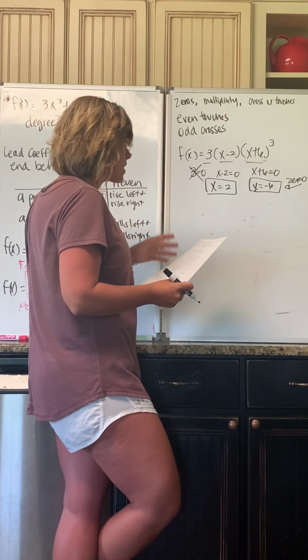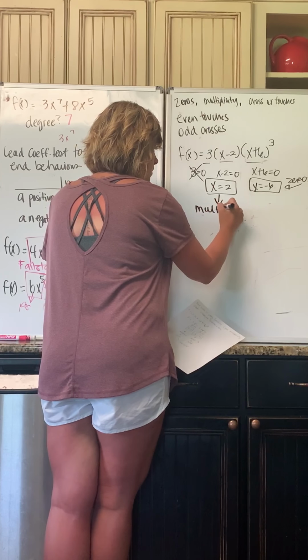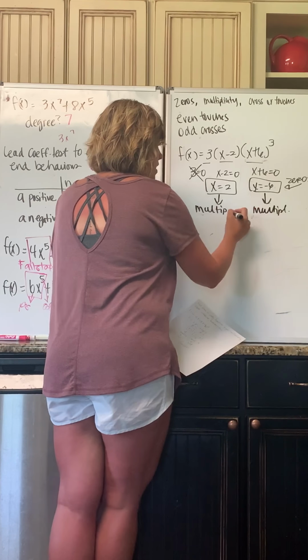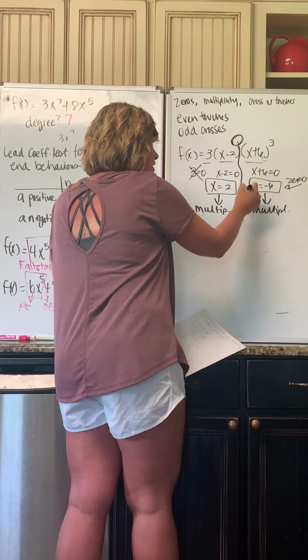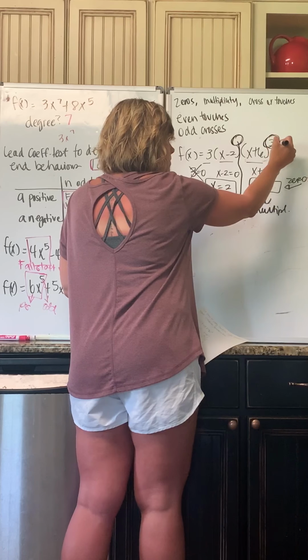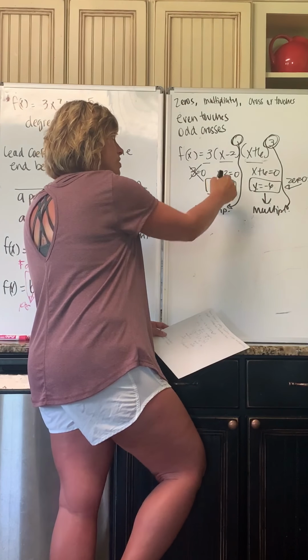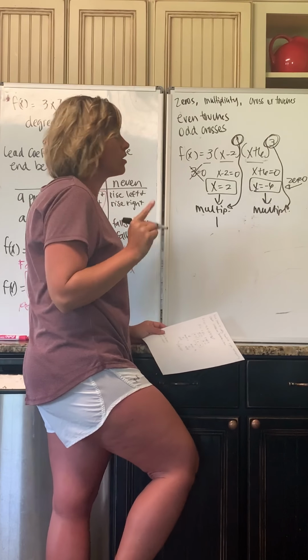Now, your multiplicities. Your multiplicities are whatever these exponents are. Okay? So your multiplicity at x equals 2 is 1, because what's the understood exponent here? 1.